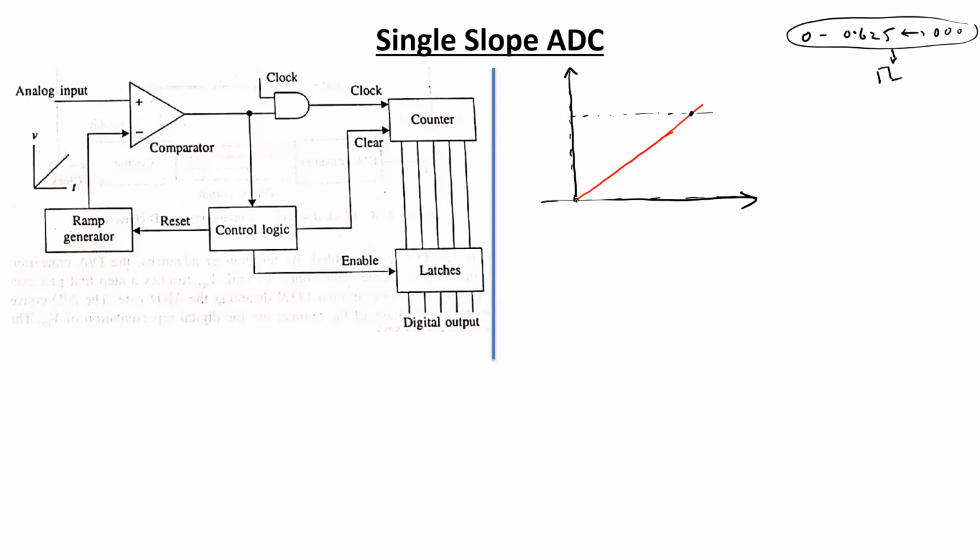So let's say this is our 0 volts, this is our 0.625 volts. So within this period, the counter will receive one complete clock pulse.